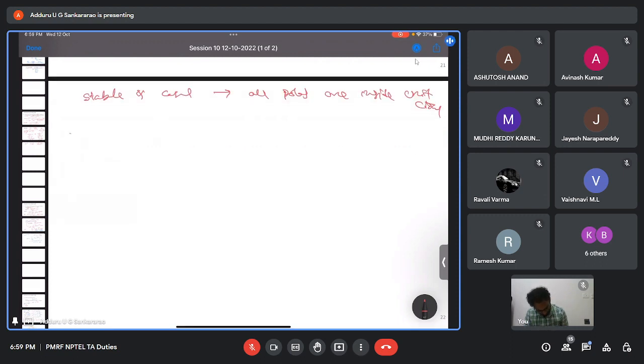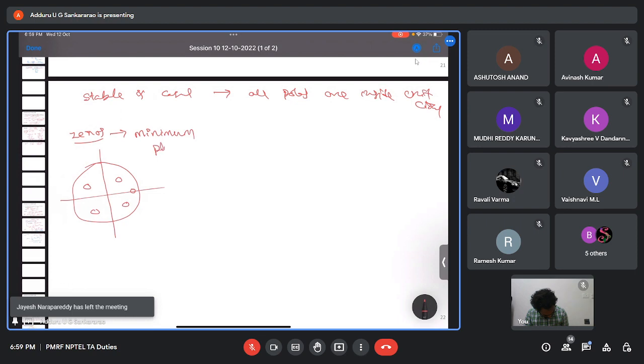Now if I talk about zeros for this system, if all the zeros are inside the unit circle, then that system is called a minimum phase system. All the zeros are inside the unit circle, then it is called a minimum phase system. That means this system will have minimum phase delay.